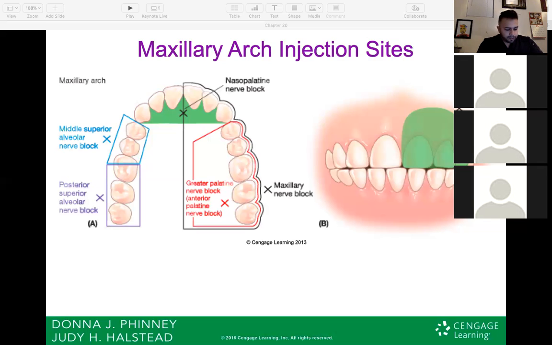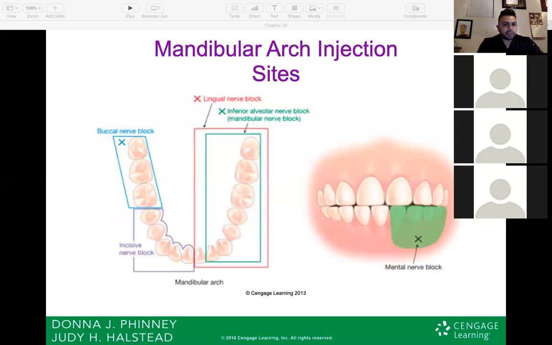And so that again numbs the hard palate and the soft tissues covering the hard palate from the distal of the canine and posteriorly. So moving on to the mandibular arch sites, we have that buccal nerve block in the blue there.